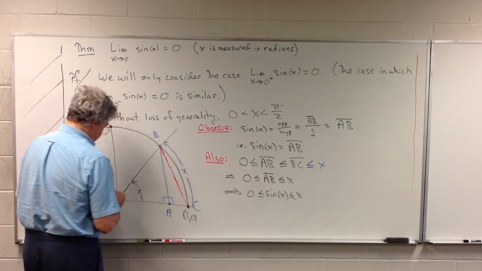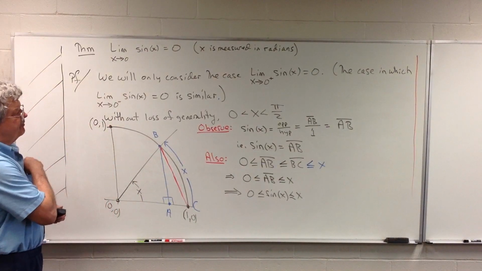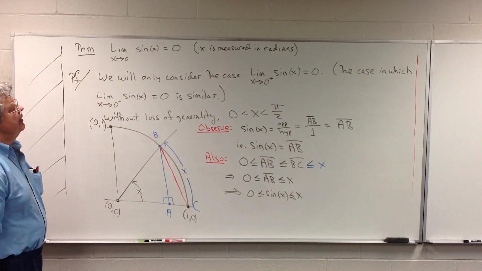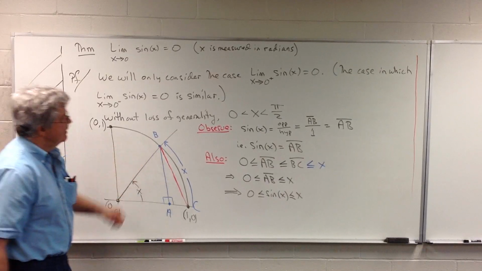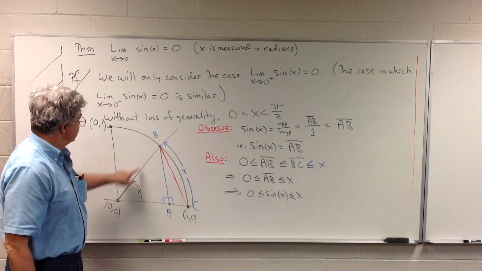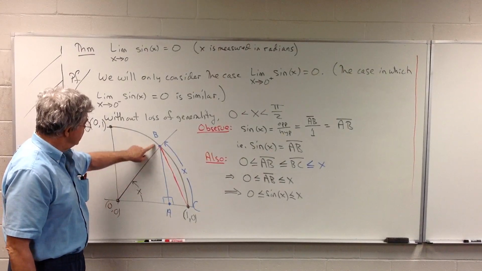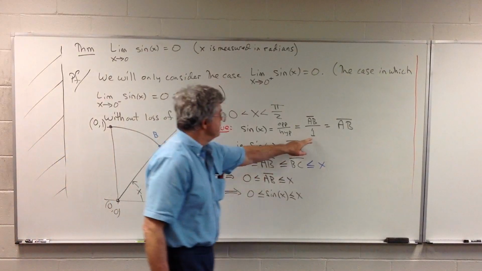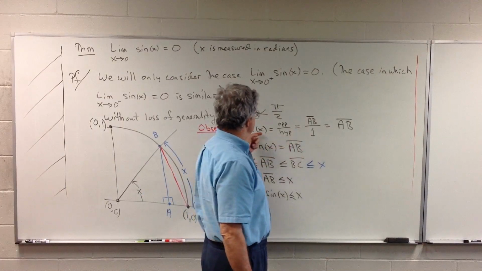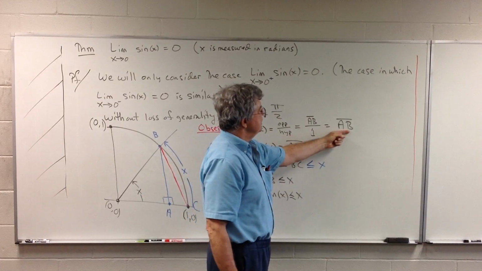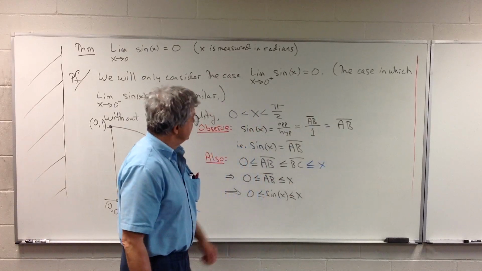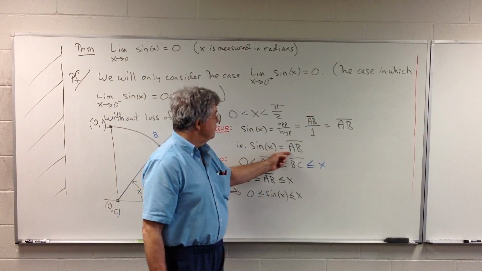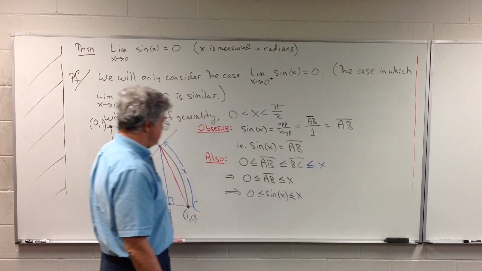That point is 1, 0. And in the unit circle, the radius is 1. So the radius, or the hypotenuse of this right triangle, is 1. And so sine of x just turns out to be the length of line segment AB. Sine x is the measure of line segment AB.